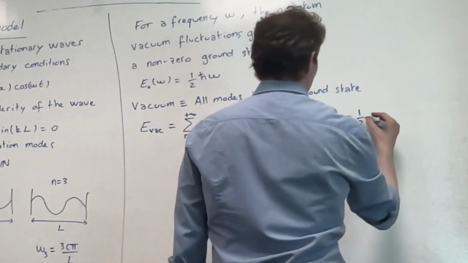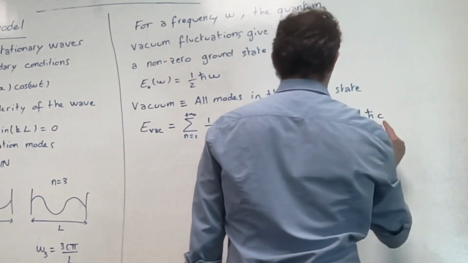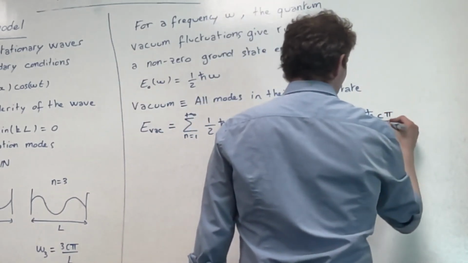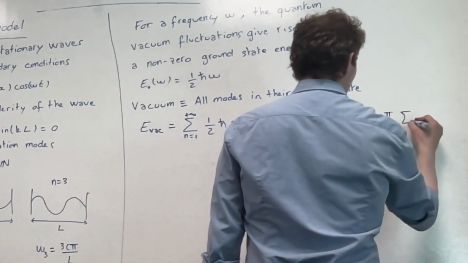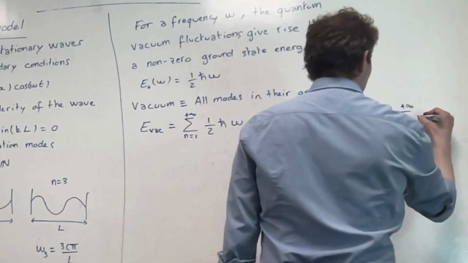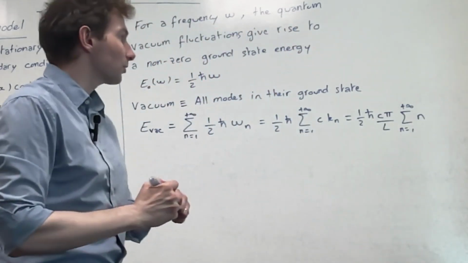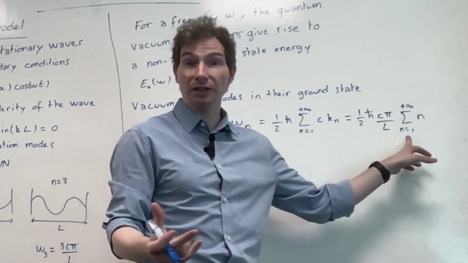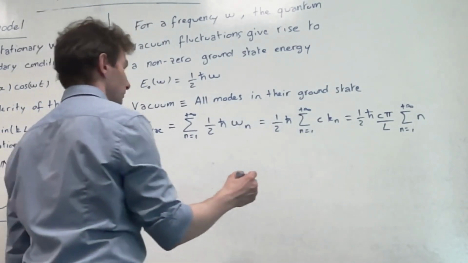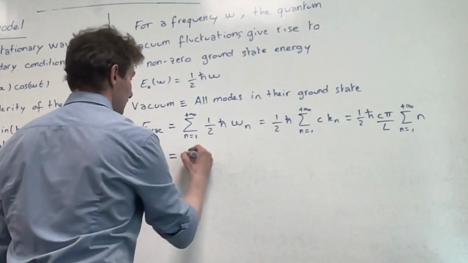So that's h bar c pi over L, and then the sum n equals 1 to plus infinity of n. And here we actually get that this thing is infinite, okay?